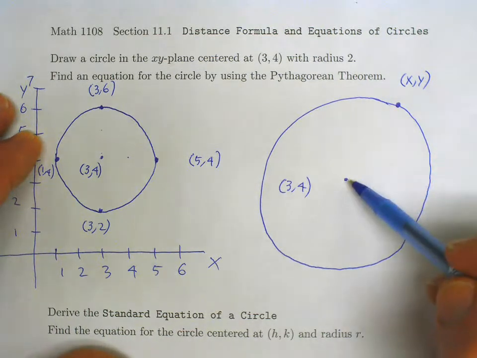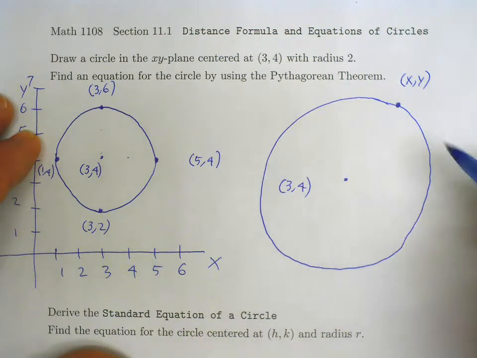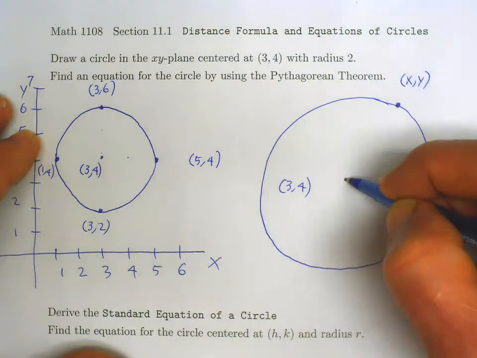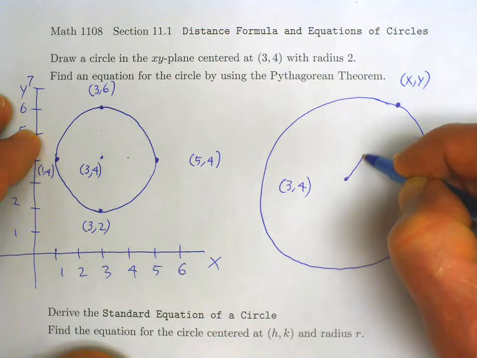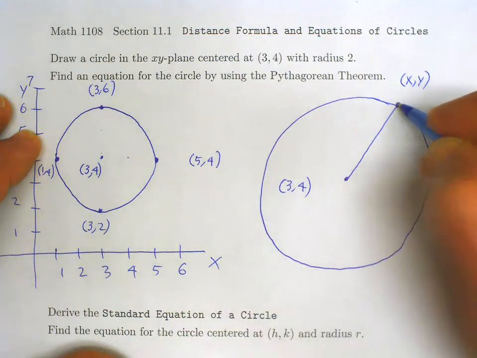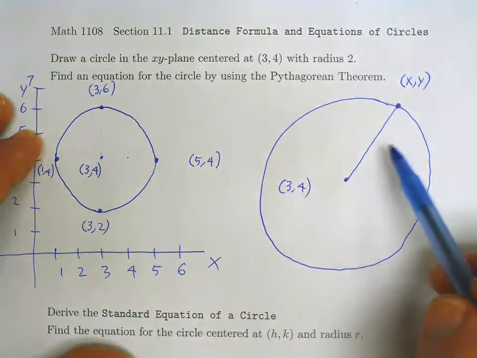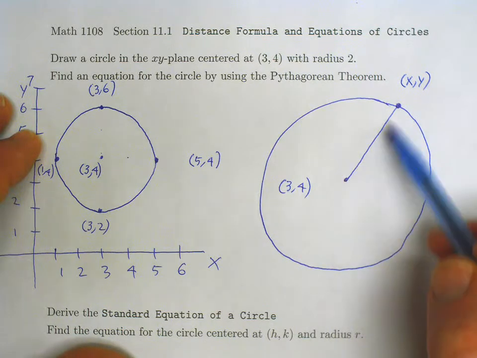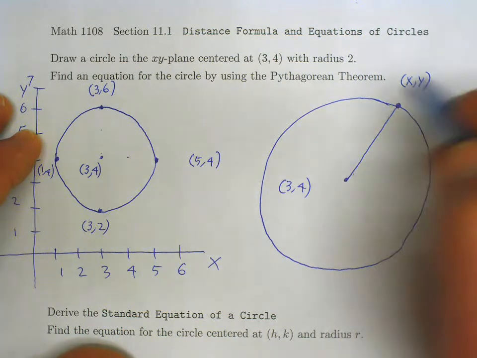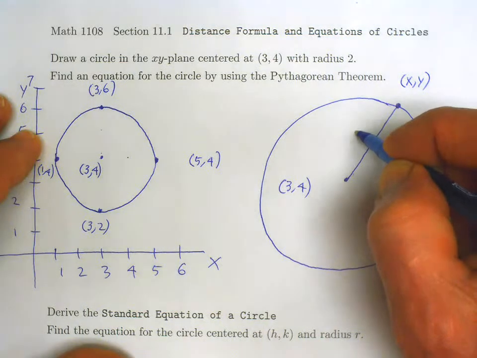Okay, then I'm going to construct a right triangle. The hypotenuse is the line segment that connects the center to any point on the circle. And the radius of the circle is 2, so the length of that line segment is 2.